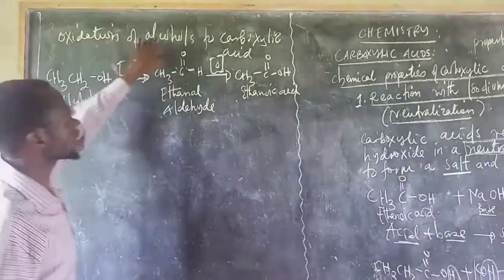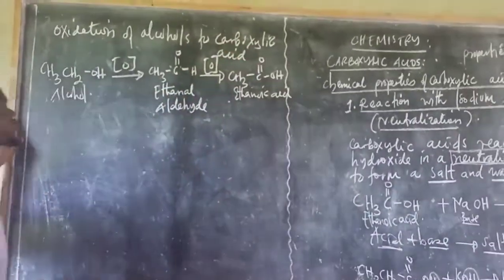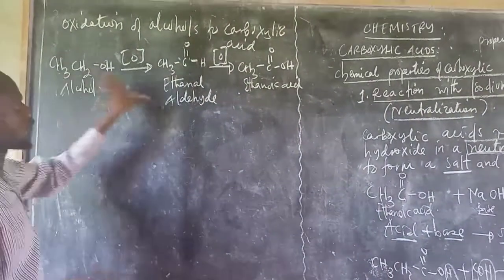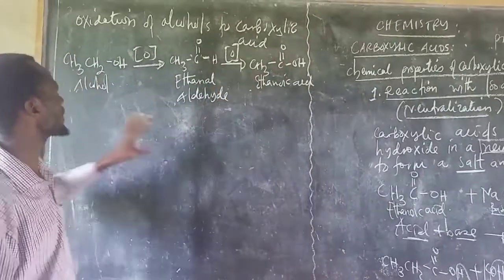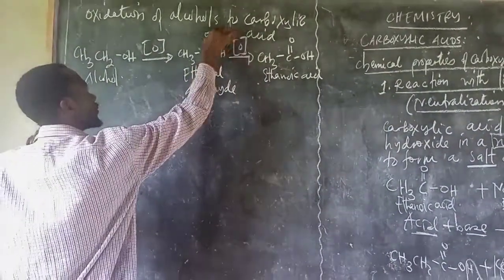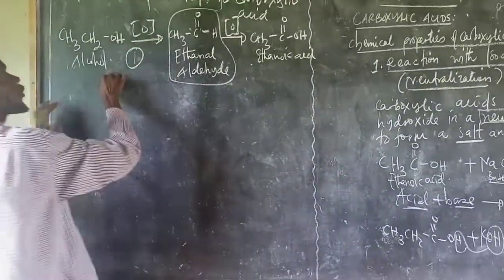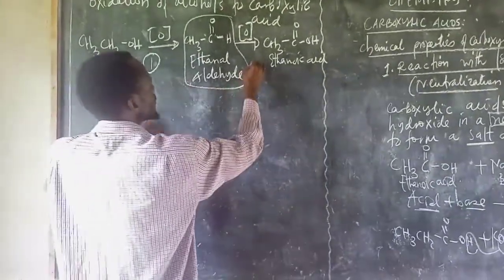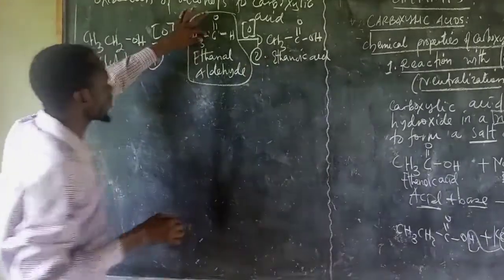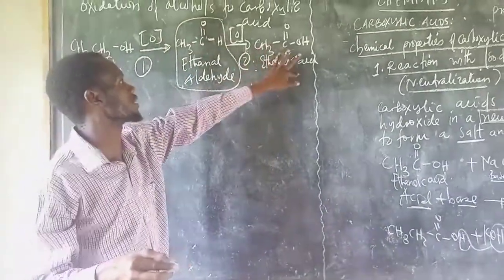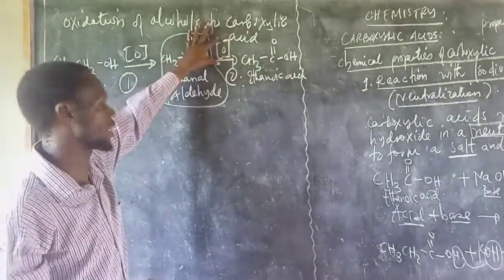Oxidation of alcohol to carboxylic acid is not done directly from alcohol to carboxylic acid. We have two steps. The first step is to form the aldehydes. The second step is to convert that aldehyde to ethanoic acid by oxidation.